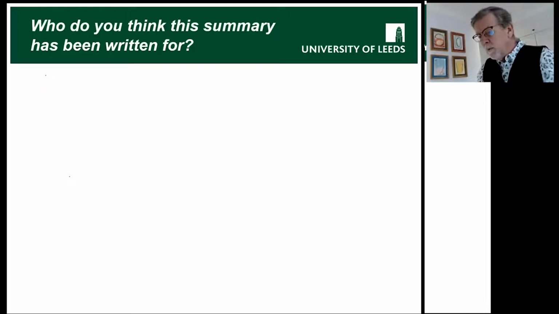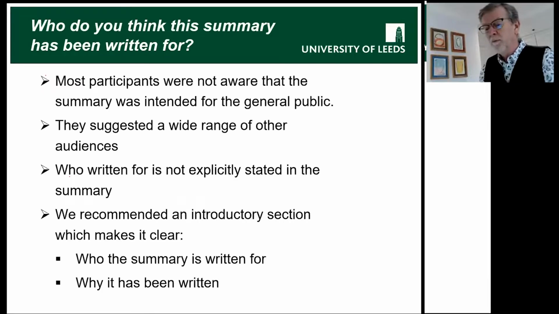This is a really important point. We asked the members of the public, who do you think this document has been written for? Most weren't aware, after reading the document, that it was intended for the general public. And they talked about doctors and researchers and other people. Now, who it was written for isn't explicitly stated in the summary.